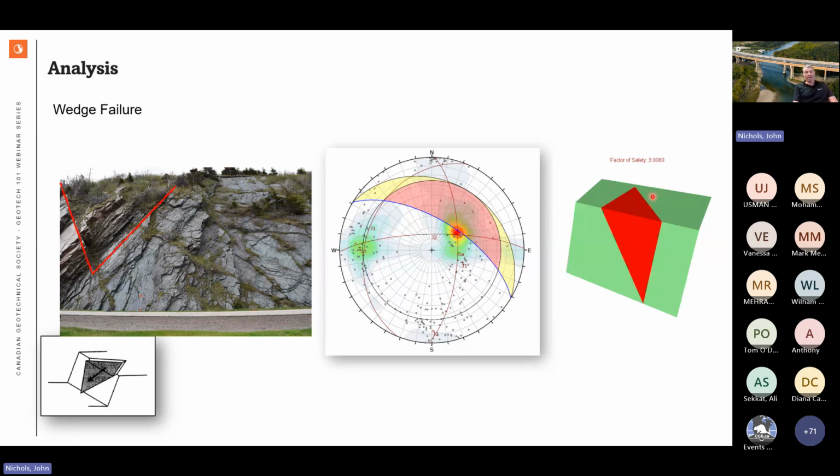Again, we can look at it like that. We can actually measure these exact persistent long planes, and then we can put them in software. We can do an analysis ourselves with hand calculations to determine the friction, what it'll take to overcome it, and the factor of safety.